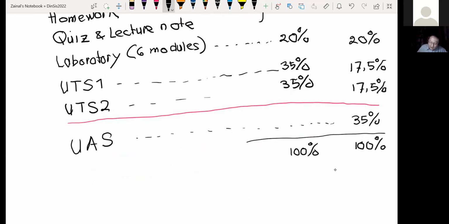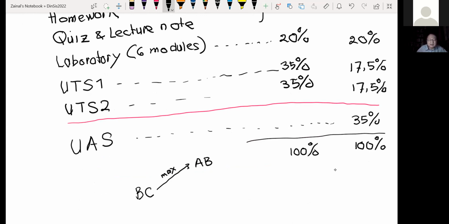Okay, so if initially your marking is say BC and you attend final exam, then maximum become B, become AB.